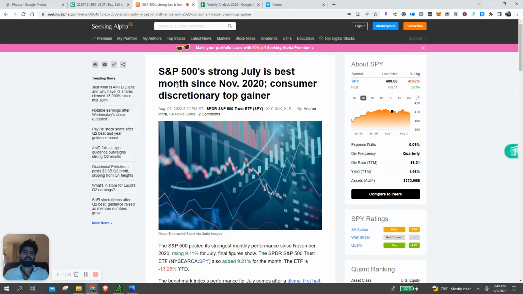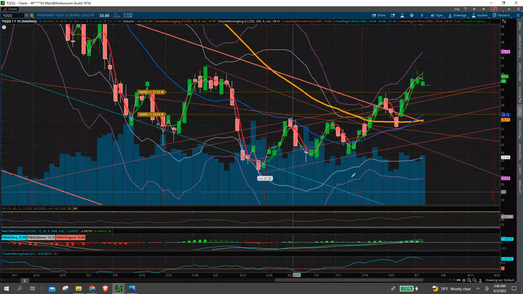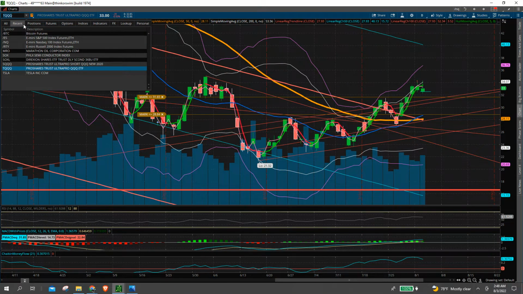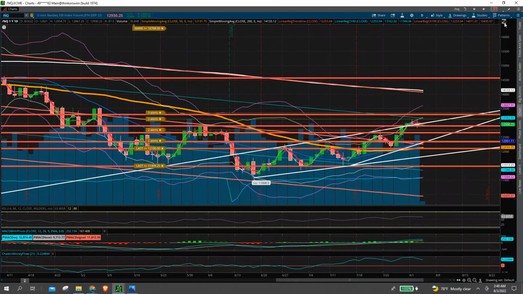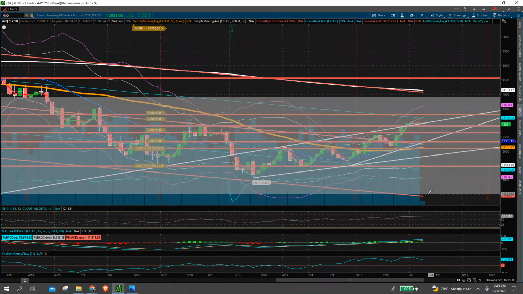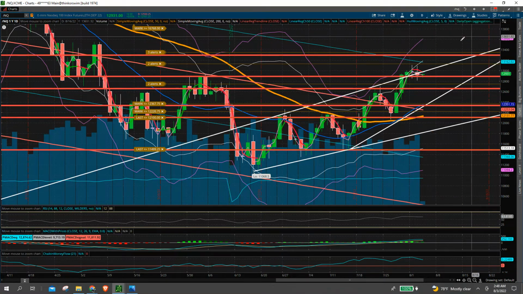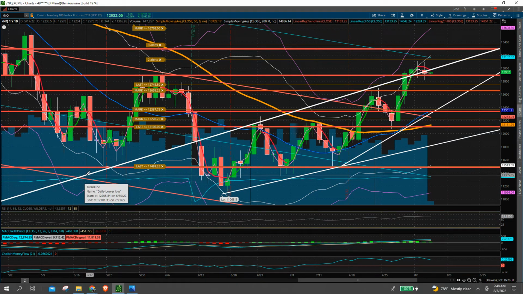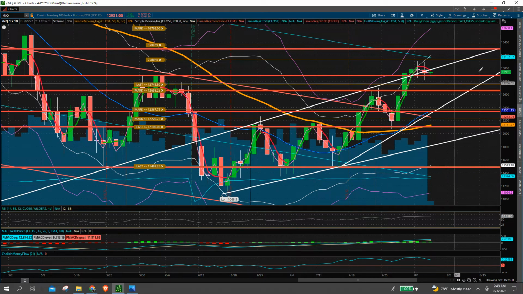Now, with that being said, let's go back to the drawing board and do our research and analysis to see what we see in our index happening over the next couple of days, weeks, and for the month of August. Overall, a sideways channel has been established on the Nasdaq.